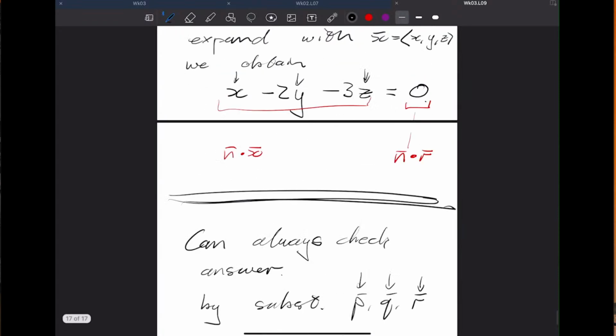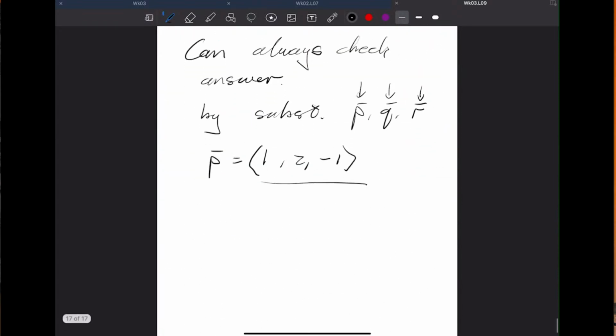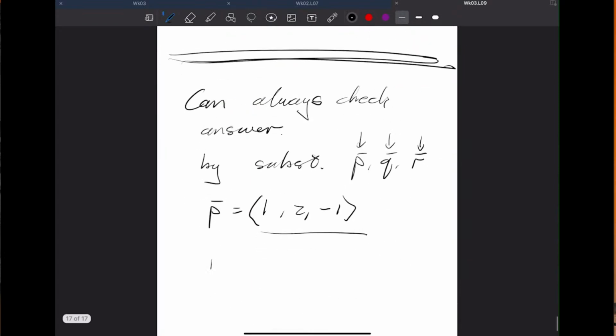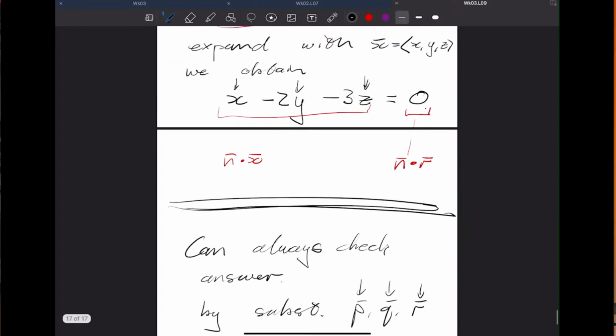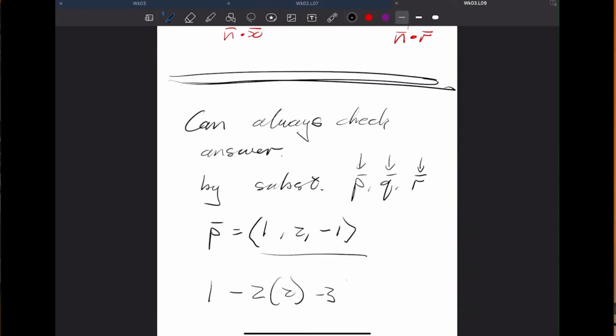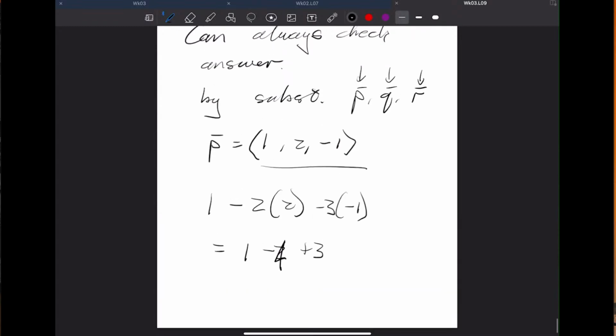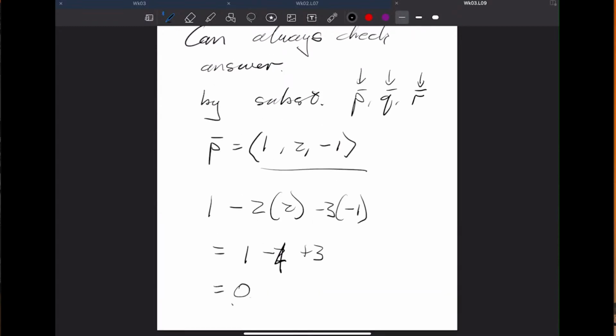Substituting these coordinates, we get 1 - 2 times 2 - 3 times -1. If we work that out, that is 1 - 4 + 3, and that is equal to 0.